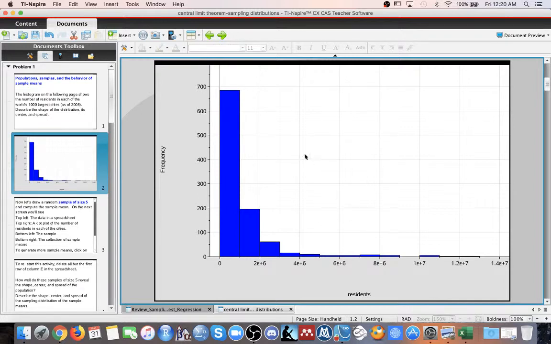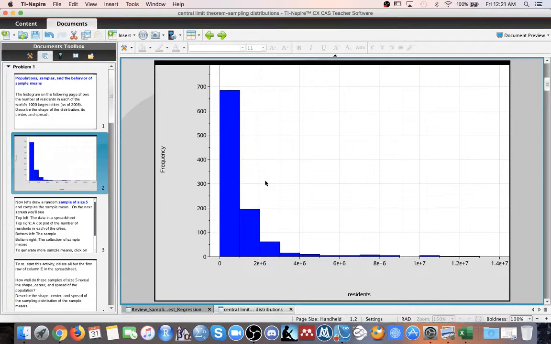So as I look at this, I see a very sharp decline towards a tail on the right side, which indicates a right skewed distribution. Definitely not symmetric, definitely not normally distributed. Also, if we were to estimate where the center was, the mean you can think of as a balancing point where the taller the bar is, the heavier the bar is.